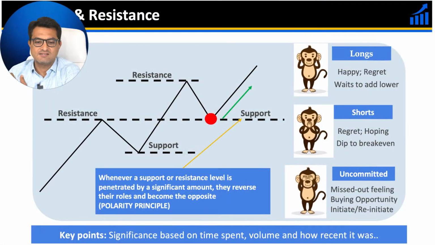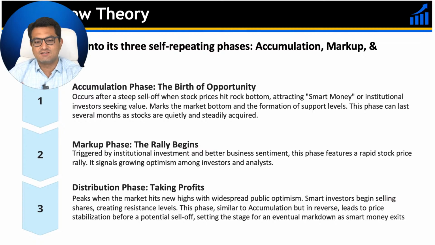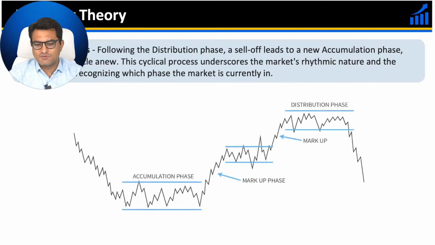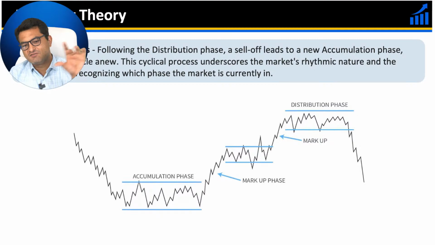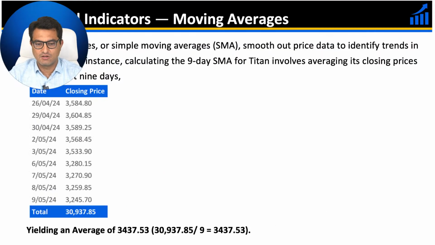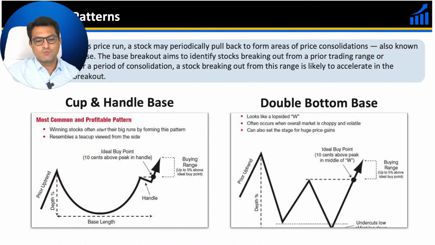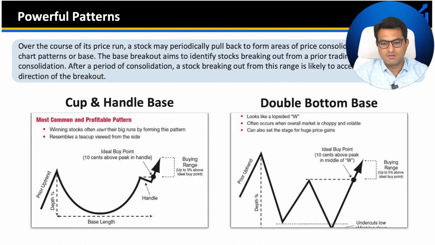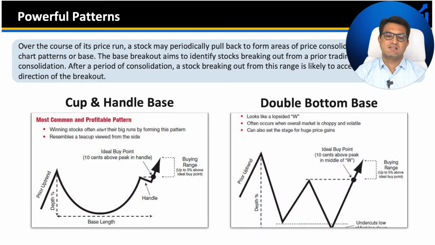So here is the pattern side of things. We again discussed that there is an accumulation which is happening, and then there is a distribution. Again, we'll not go deeper into it, but here is where the pattern comes into play. Let me move my side here.